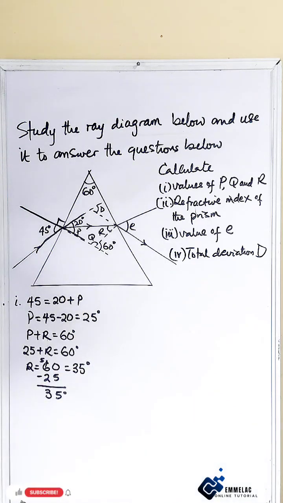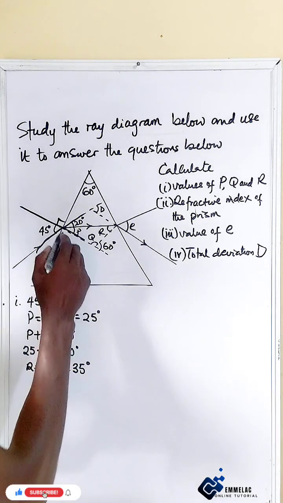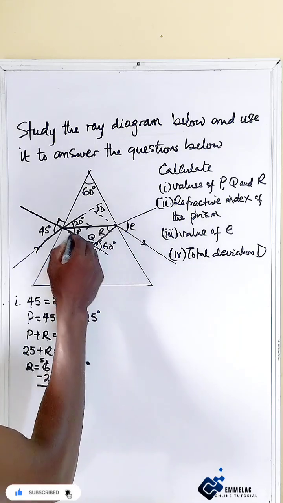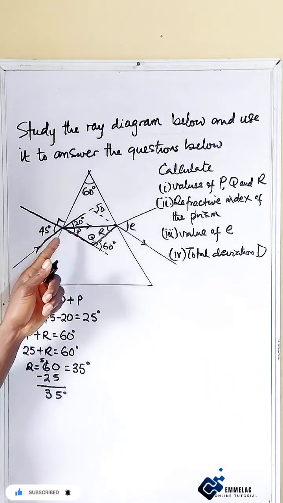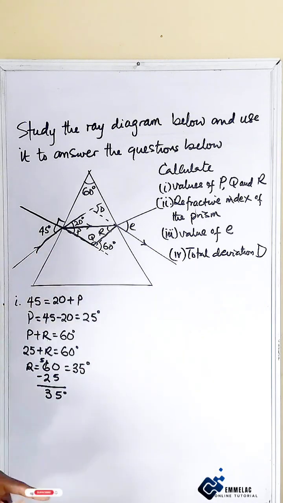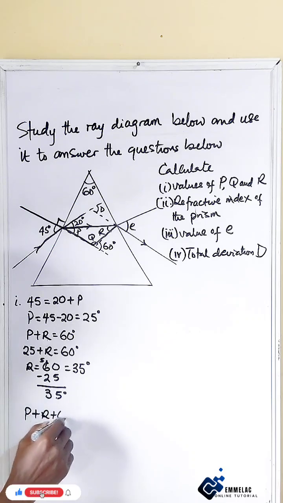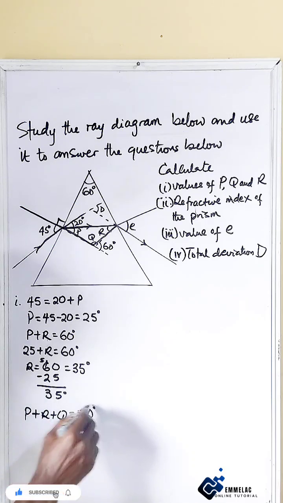Okay. Now to this end, our Q. Looking at this triangle here, the sum of angles in a triangle must be equal to 180. So we can say that P plus R plus Q equals 180.